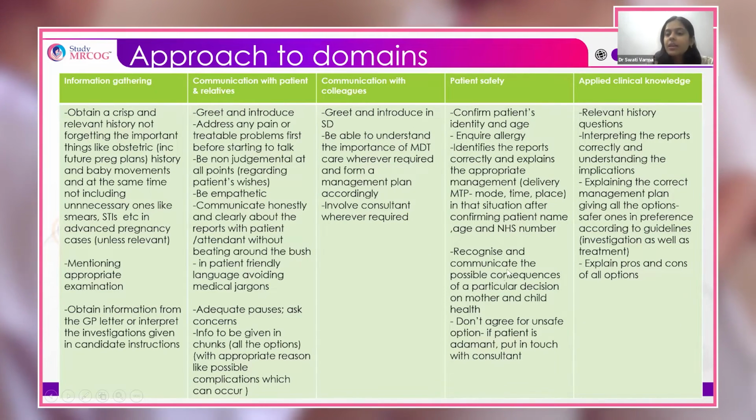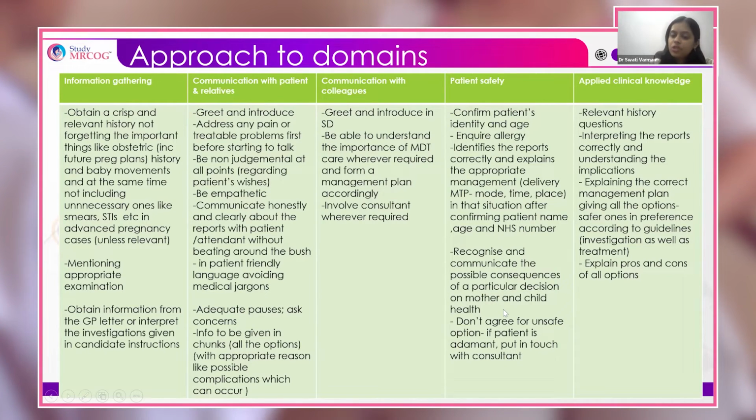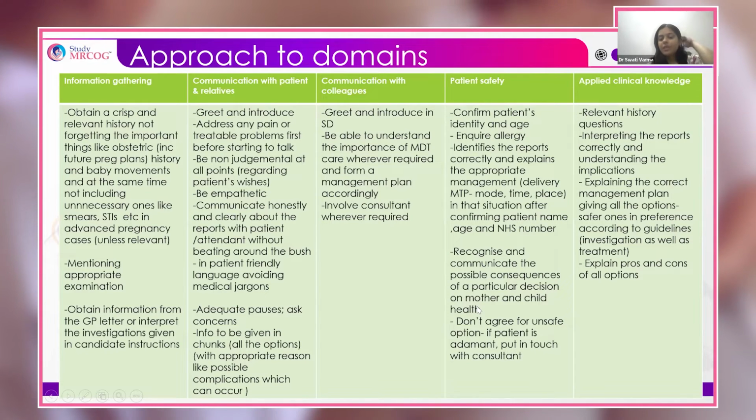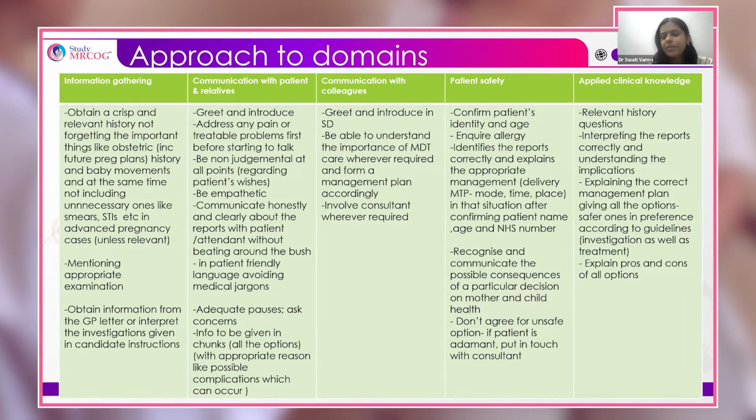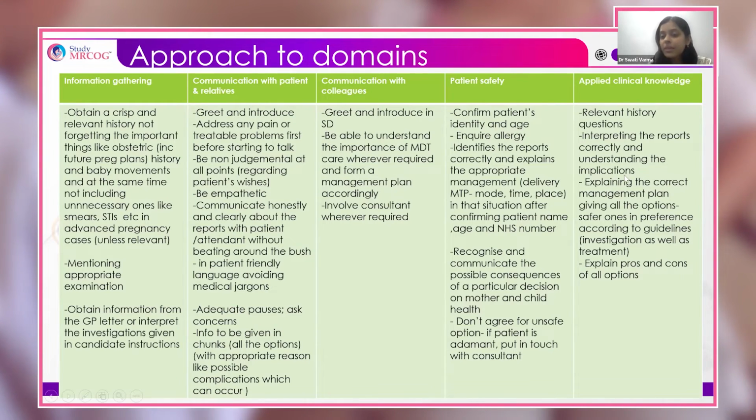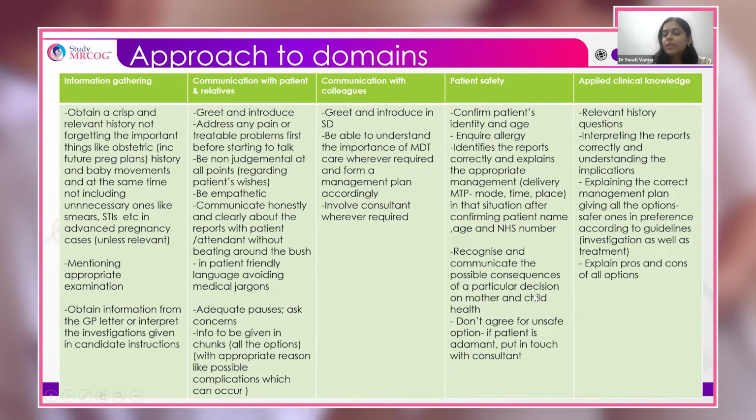Then recognize and communicate the possible consequences of a particular decision on mother and child health. Whenever she has her own wishes, say that yes, definitely your wish is very genuine, and to deliver at a friendly and familiar place like home is usually very good. It has its own benefits, but then go on to explain the consequences.